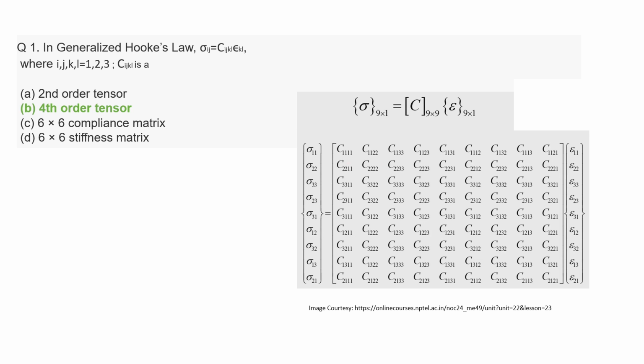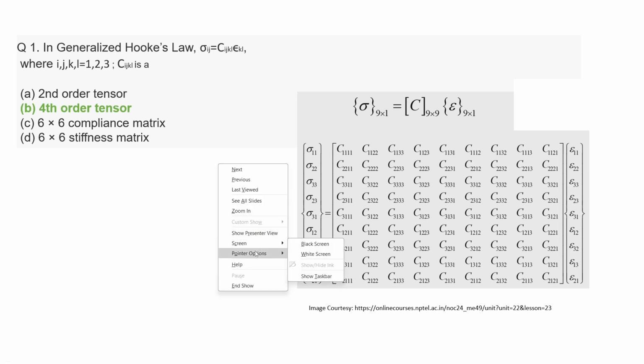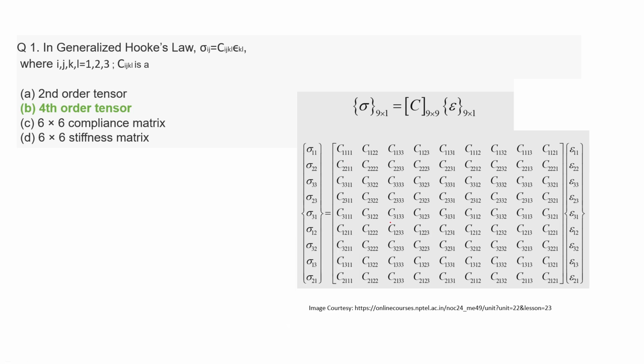So if n is equal to 2, that is, the number of components in that matrix is 9, that is the second order tensor. Similarly, if there are 81 components like this stiffness matrix, that will be 3 to the power 4, so a fourth order tensor. That's why this stiffness matrix is a fourth order tensor. So option B is the answer.